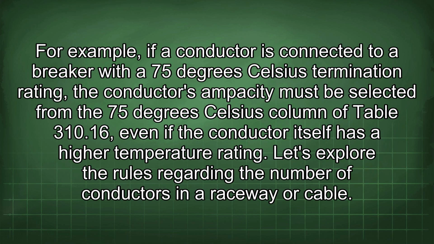For example, if a conductor is connected to a breaker with a 75 degrees Celsius termination rating, the conductor's ampacity must be selected from the 75 degrees Celsius column of Table 310.16, even if the conductor itself has a higher temperature rating. Let's explore the rules regarding the number of conductors in a raceway or cable.